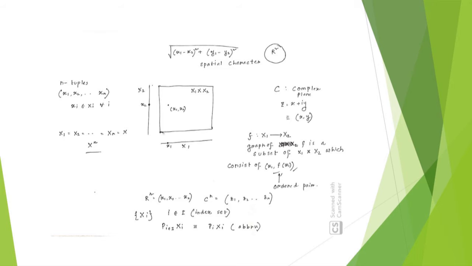For basic information, the set R to the power 1 is nothing but R itself, that is the real line. R2 is the coordinate plane. R3, the set of all ordered triplets of real numbers, is a set which underlies solid analytical geometry.